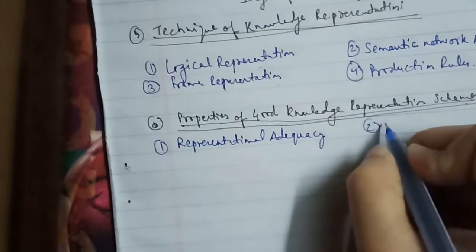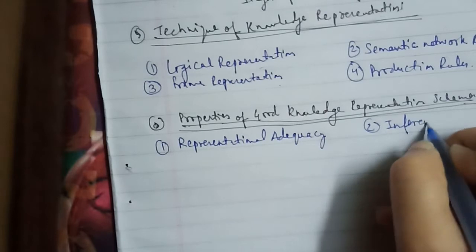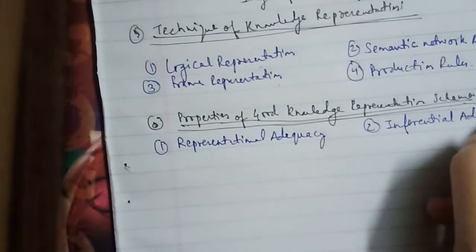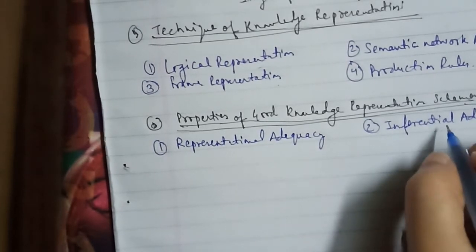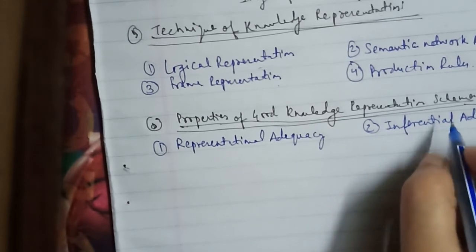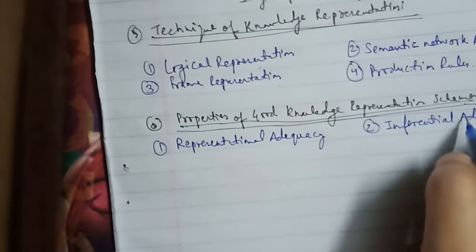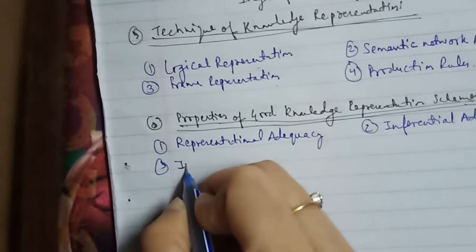The second we have is your inferential adequacy. In inferential adequacy, the ability to manipulate the representational structures in such a way as to derive new structures corresponding to the new knowledge inferred from old. The third we have is inferential efficiency.